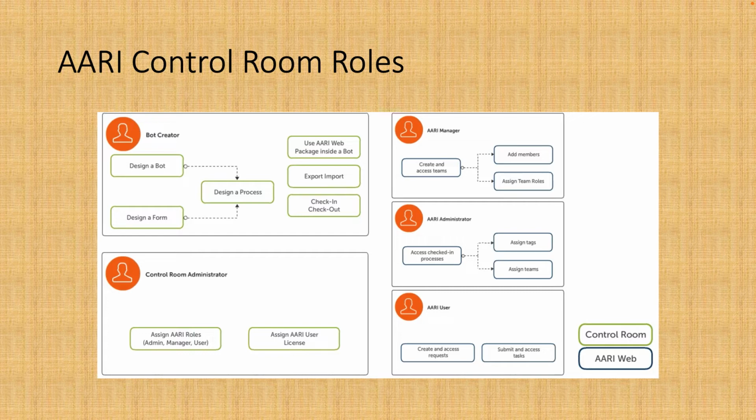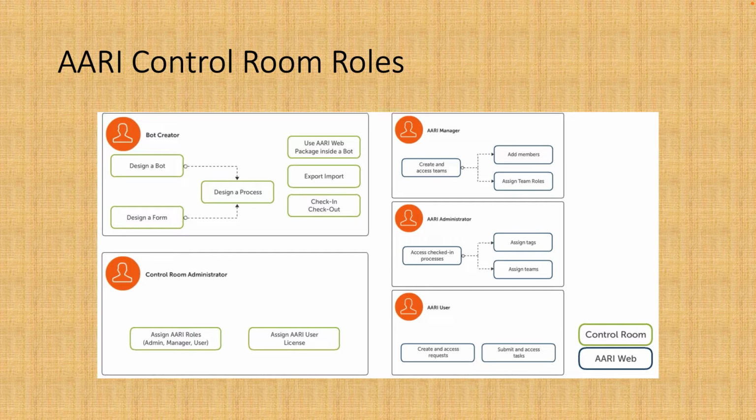If need be, it can also use the RE web package to interact with RE processes and tasks, for example, creating a process through a bot. The second role you see is the control room administrator. This is the person who would assign all RE roles to users like RE admin, RE manager, RE user, and also assign the RE licenses to the RE manager and the RE user.